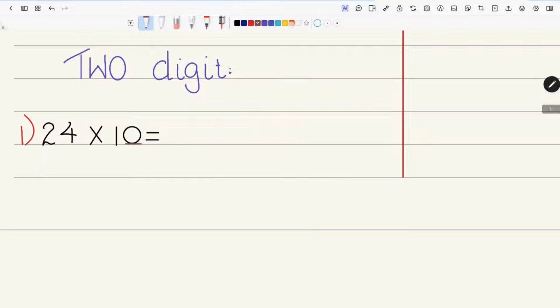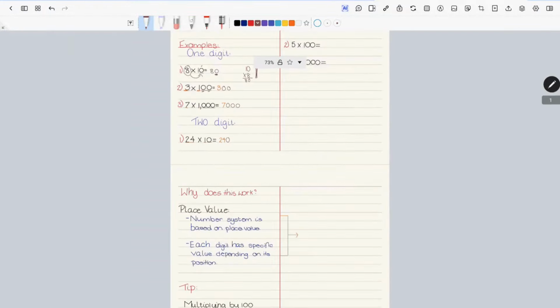So for this one, you multiply 24 by 1, which gives you 24, and you add your 0 since it's 1 zero.